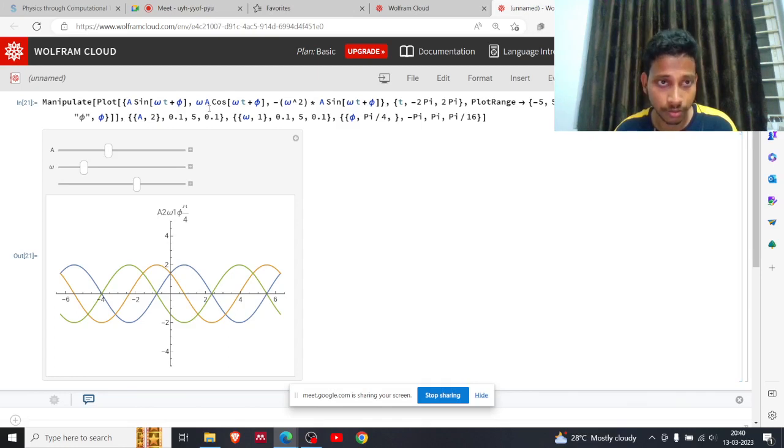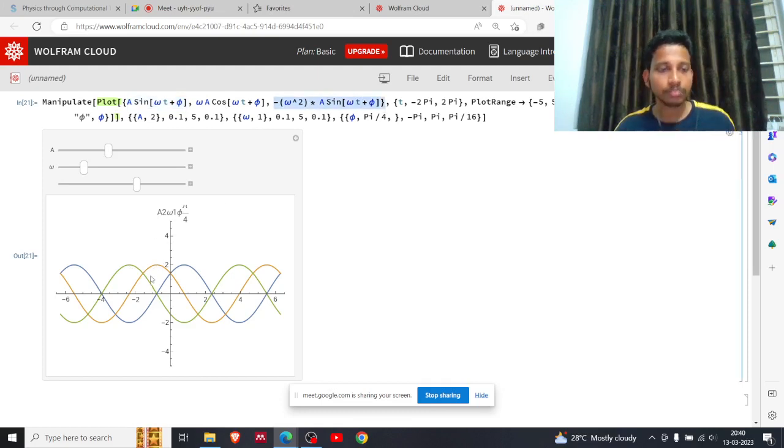The phase difference between the velocity and the acceleration is also pi by 2, but the phase difference between the displacement and acceleration is actually pi.